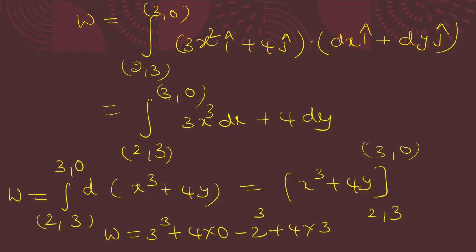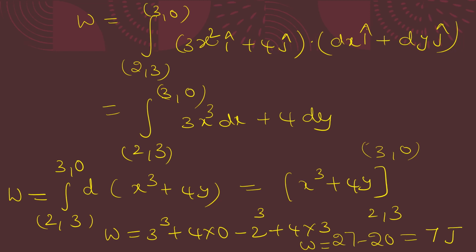Work done W, finally we are getting 27 plus 4 into 0, minus 2 cube, 8, plus 4 times 3 is 12, 12 plus 8, 20. So 27 minus 20, we are getting 7 joules.